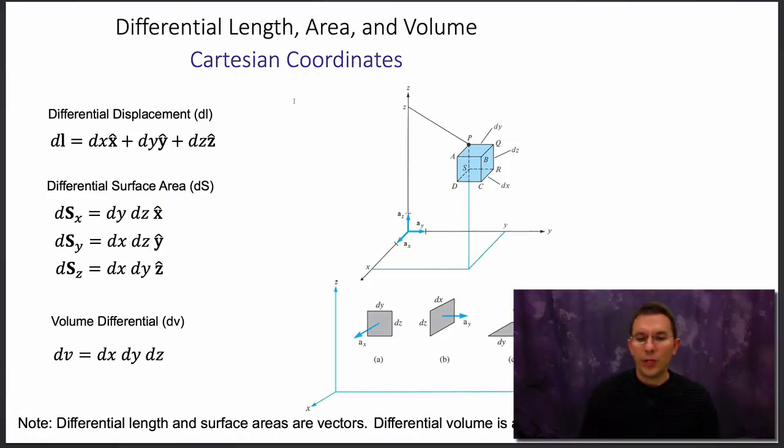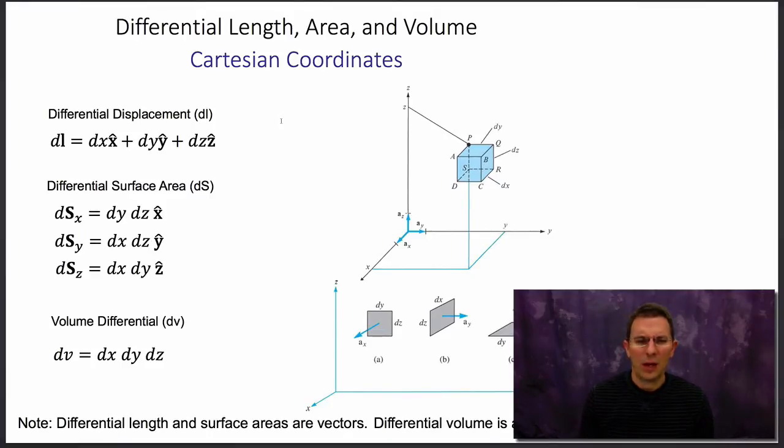Well, in order to use these particular entities, whether it's differential length, differential surface area, or differential volume, we need to think about the particular coordinate system that we've chosen.